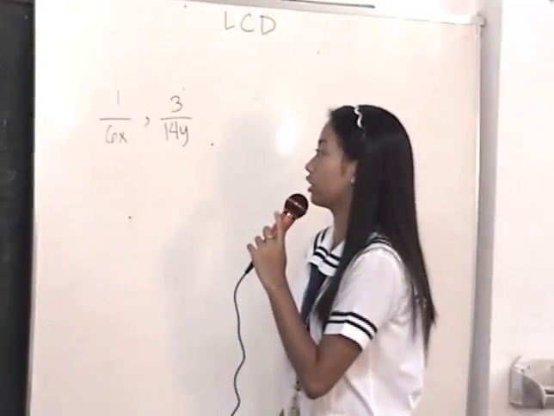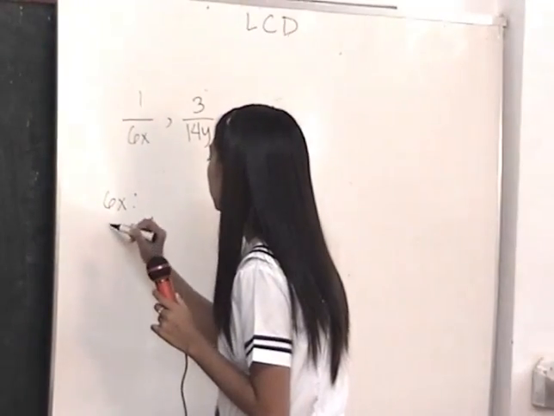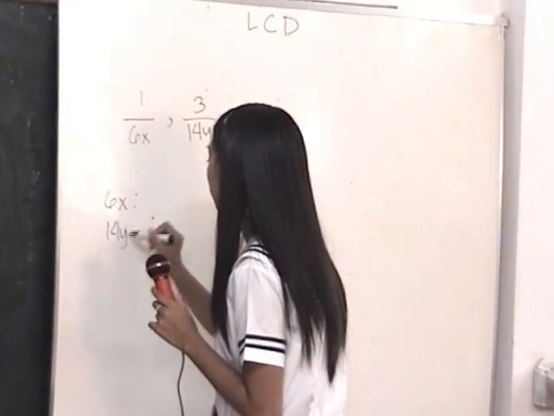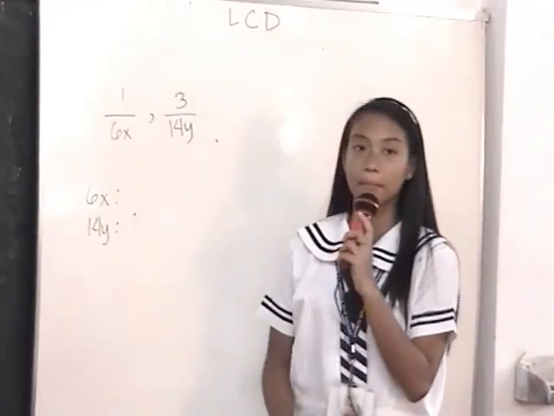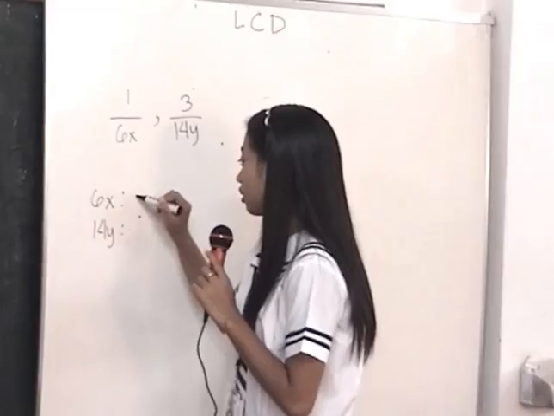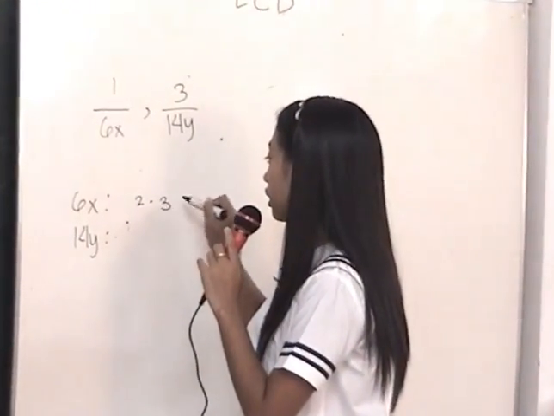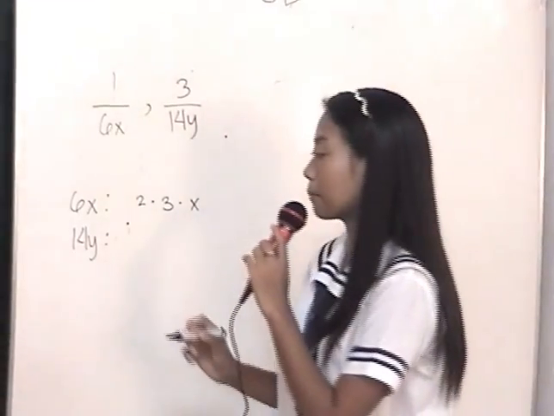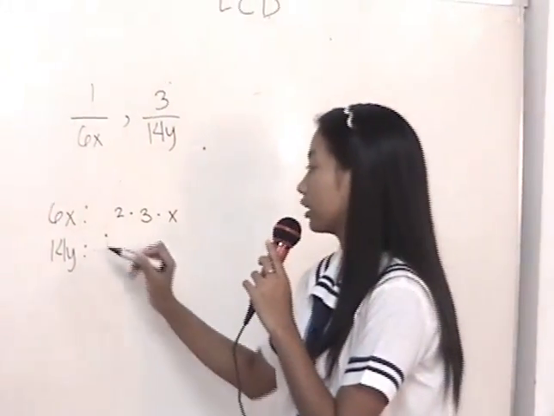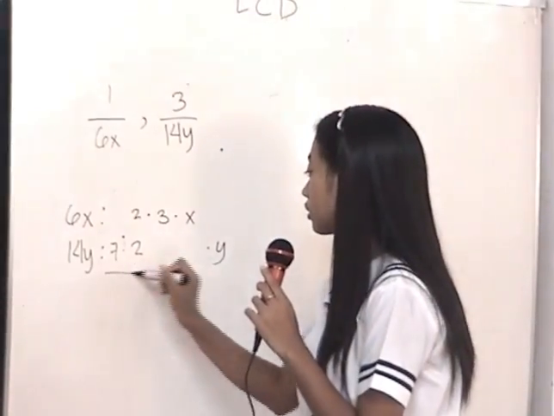To get the LCD of 1 over 6x and 3 over 14y, we need to use the prime factorization. The prime factors of 6x are 2 times 3 times x. And the prime factors of 14y are 7 times 2 times y.